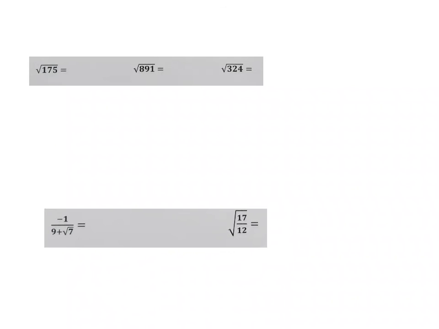I'm going to look for perfect squares, and there are 2 rules when it comes to simplifying radicals. The first rule: no perfect square factors.